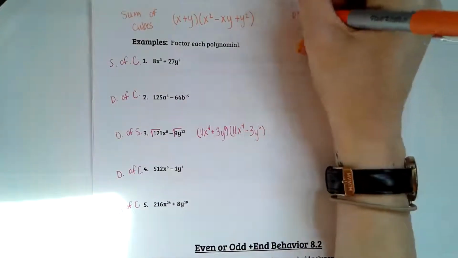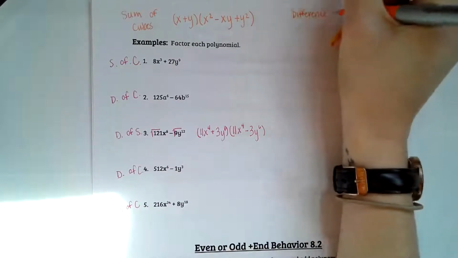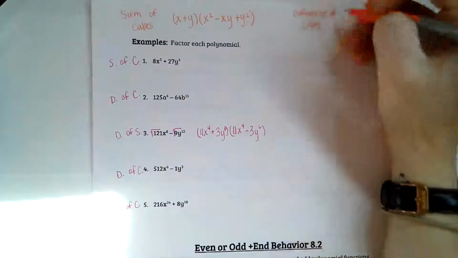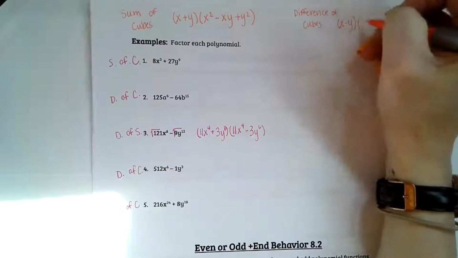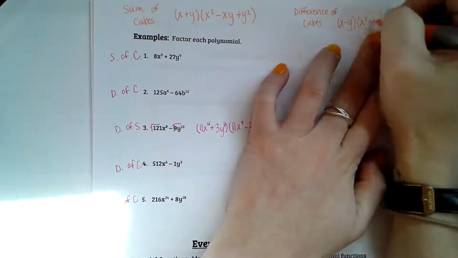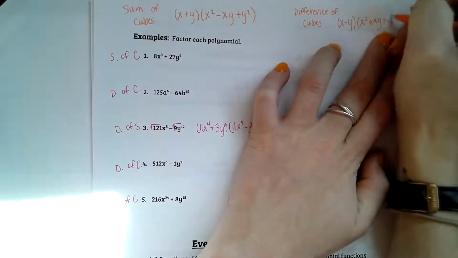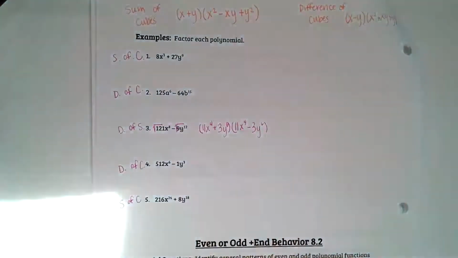And then your difference of cubes is your x minus y, x squared plus xy plus y squared. Okay, so first I like to go through and figure out what x and y are.